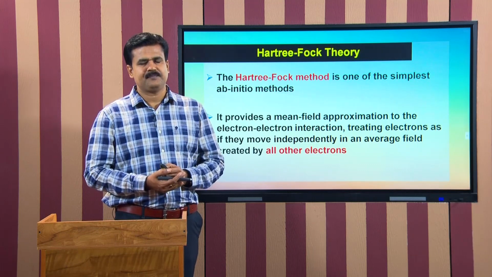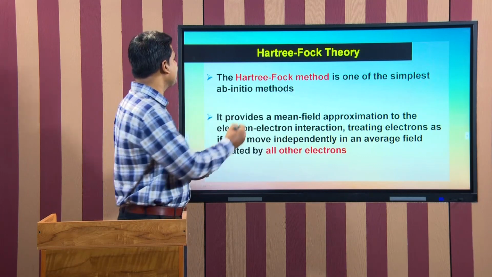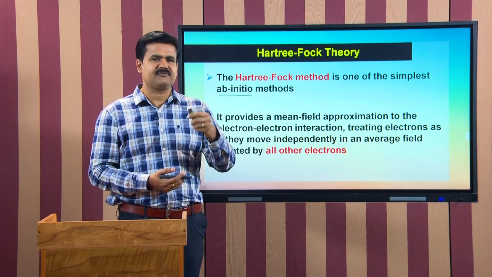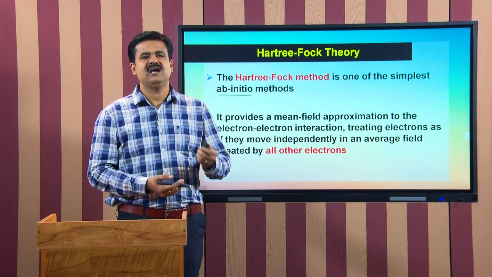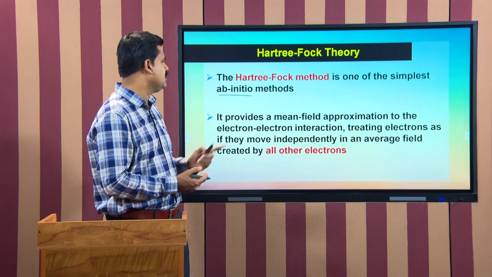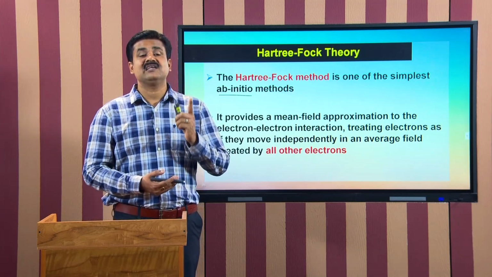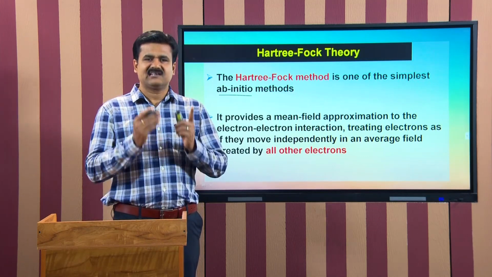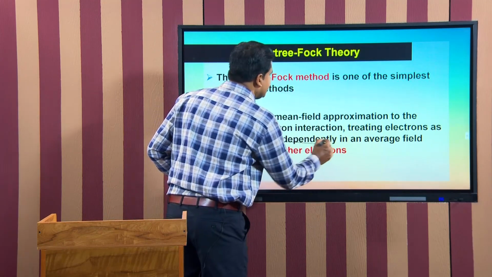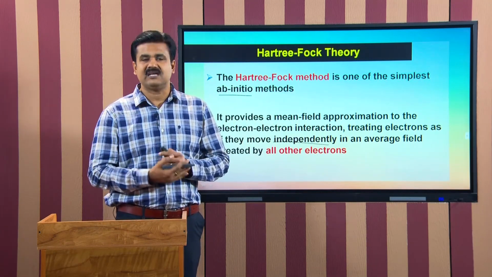Hartree-Fock theory. The Hartree-Fock method is one of the simplest ab initio methods, and it provides a mean field approximation to the electron-electron interaction, treating electrons as if they move independently in an average field created by all other electrons.